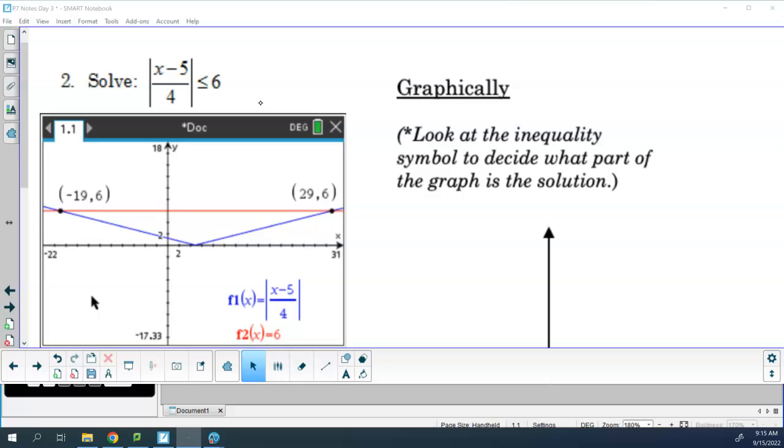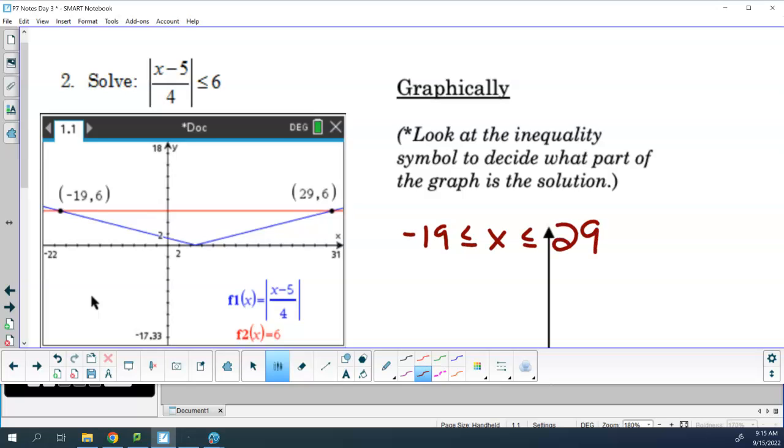Okay? So we want to put that in one of 2 different ways. We could put that in inequality, or we could put that in interval notation. One of those 2.